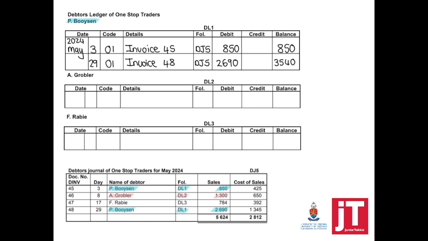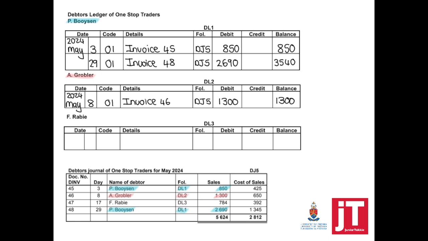Next, we've got Grobler. There was only one transaction that took place this month. Grobler on day 8. We start with the month, May 2024, day 8, code number 1, invoice 46 from the debtors journal, debit 1,300, so the balance is 1,300.